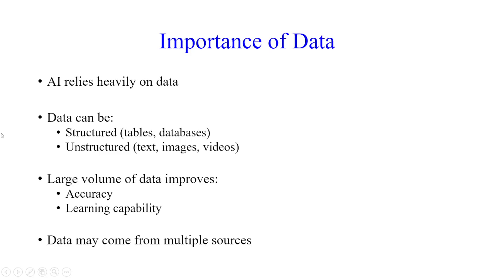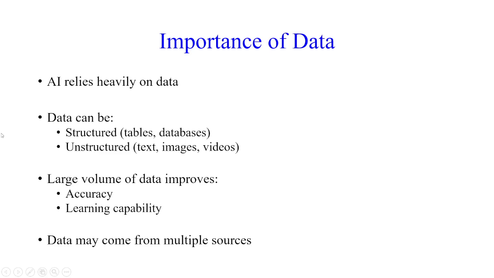Structured data is organized, formatted data like spreadsheets, databases, tables. These kinds of data are easy to process. Unstructured data is like text, images, audios, videos. Most of the data in the world is unstructured. Processing this requires sophisticated AI techniques.